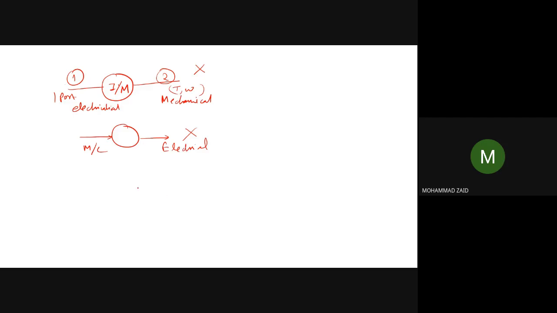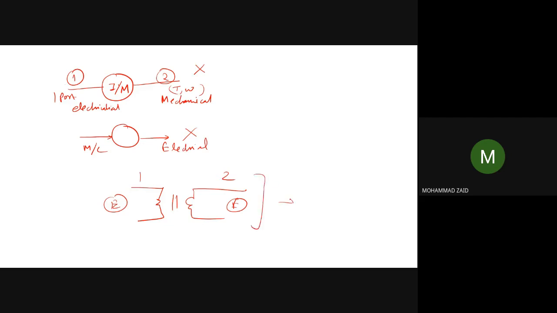If you consider the example of a transformer, which we have already taken, a transformer is a device which converts voltage at one level to another level at the same frequency. That means if f remains the same, the input is electrical and the output is also electrical. If this is port 1 and this is port 2, both are electrical.